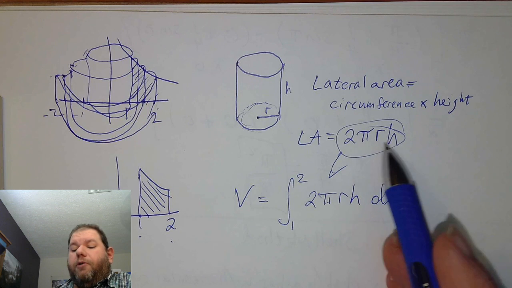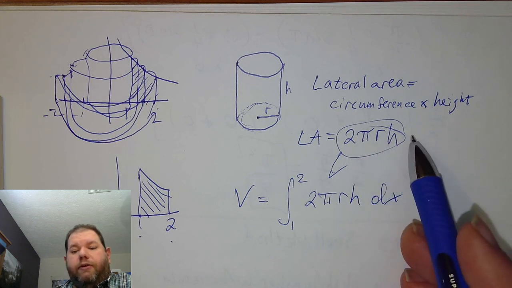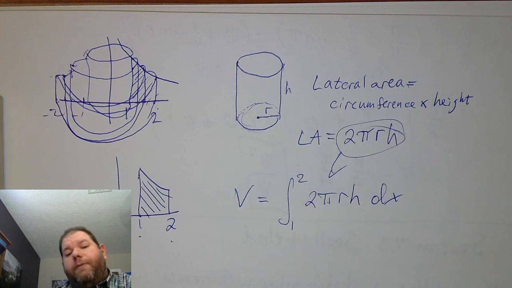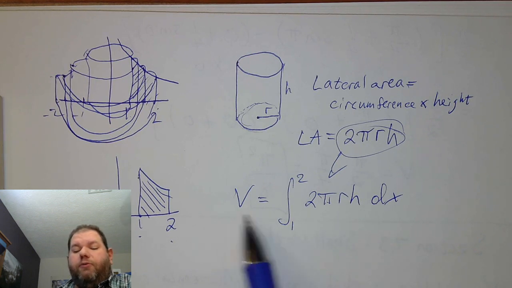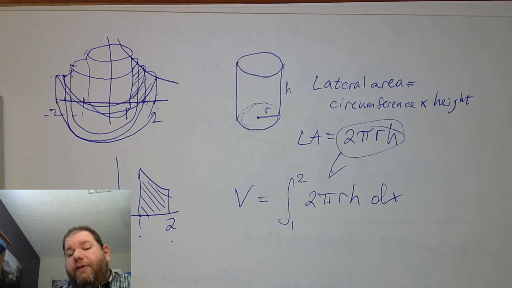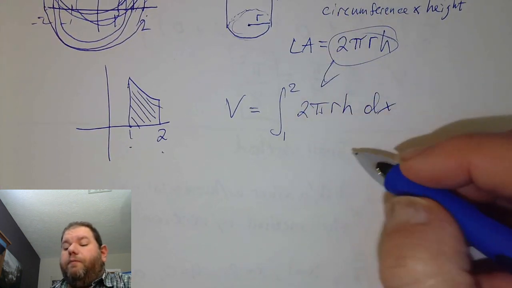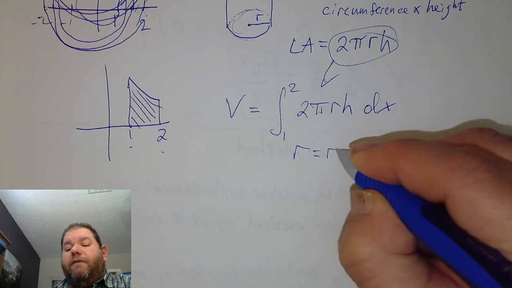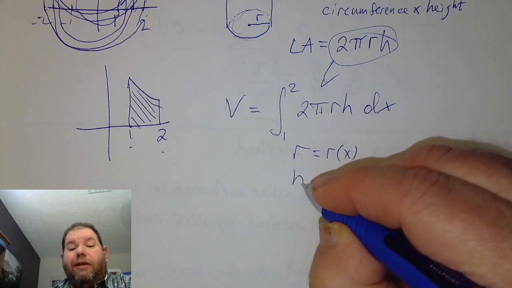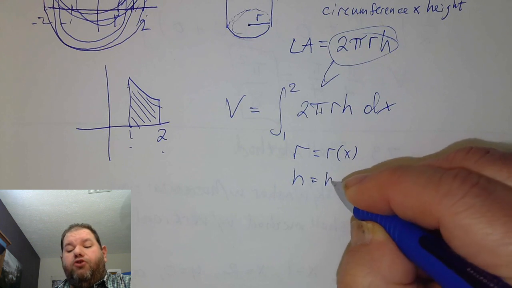So we want to add up all of those cylinders' areas from 1 to 2 with respect to the x variable, and that's what the definite integral represents in this case. Now, r is going to be a function of x, and h will be a function of x.